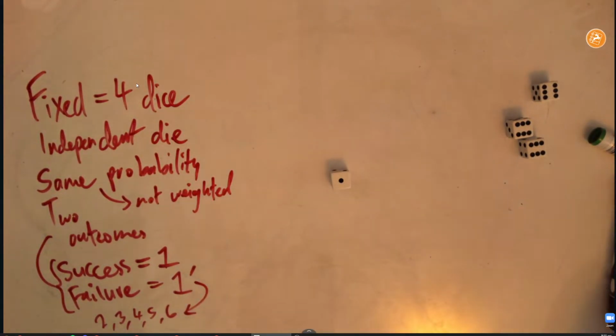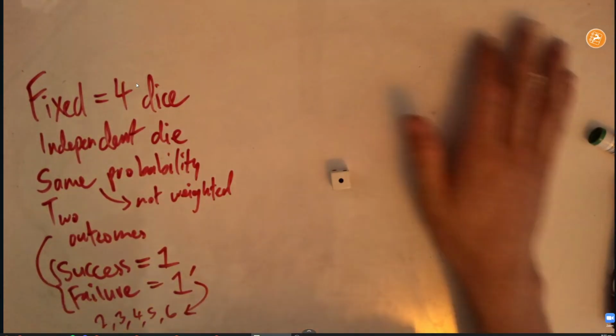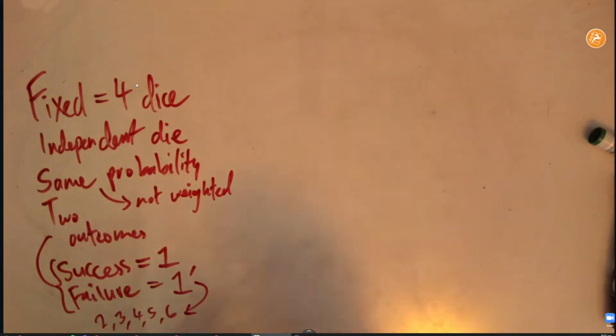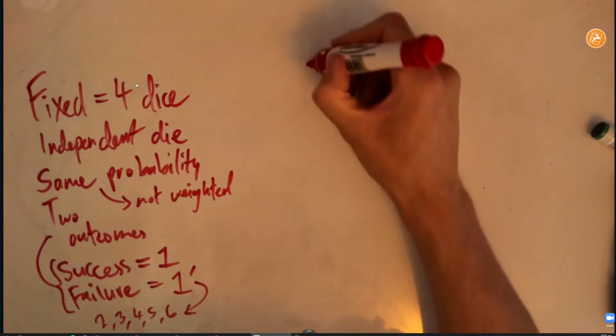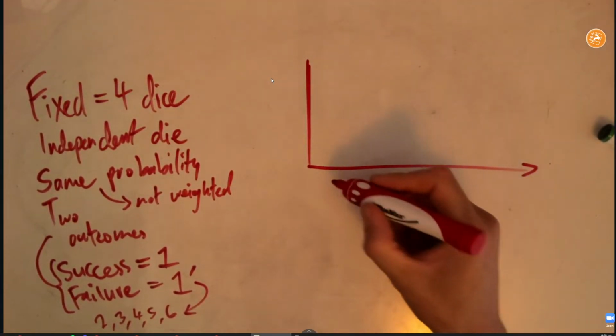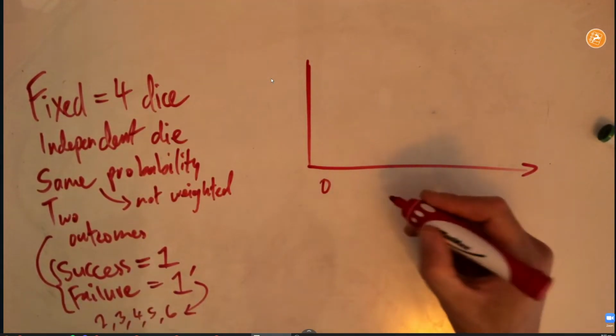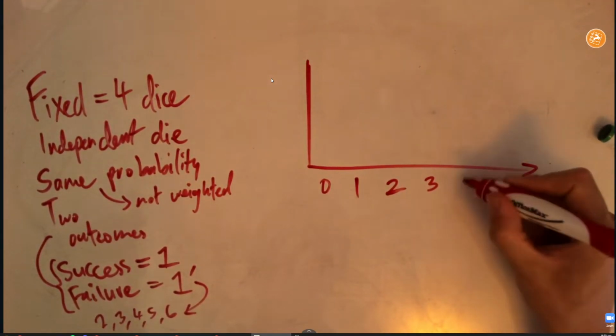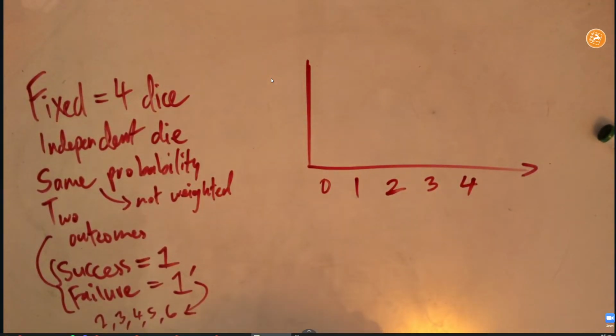So let's make a distribution of our dice then. Well, let's have a think about it. So we're looking at a probability distribution. So we know there are 4 outcomes. So the bottom is going to be, well, there could be 0 ones, we could get 1 one, we could get 2 ones, we could get 3 ones, or we could get 4 ones.